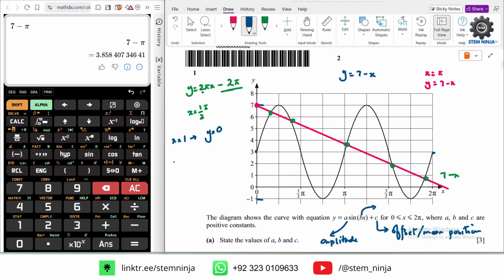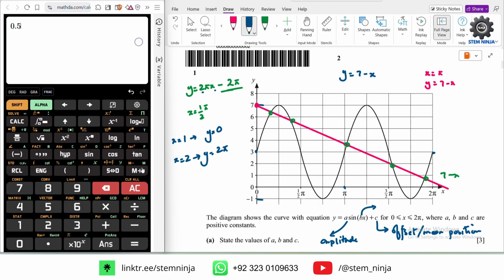And where x is equal to 2, you have 4 pi minus 2 pi, which is 2 pi. We still cannot go through that, but let's try. Pi is 3.141, and half pi is 1.5 roughly. So we need to figure out where 1 is.